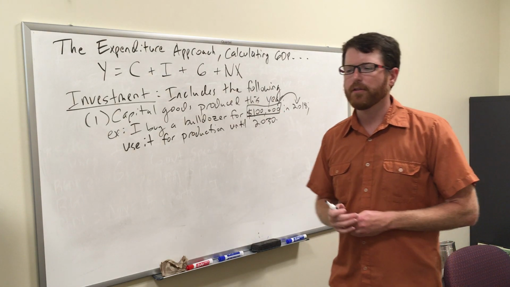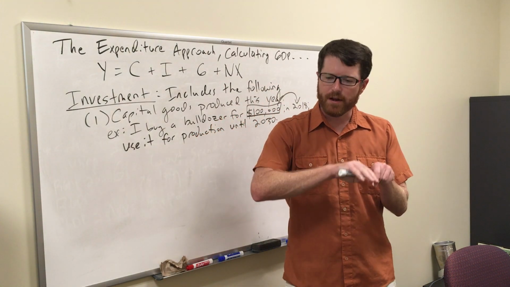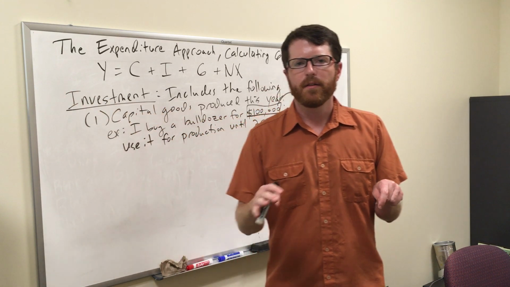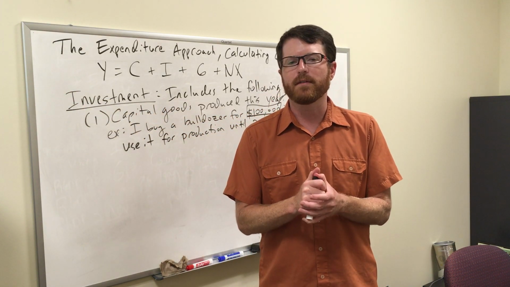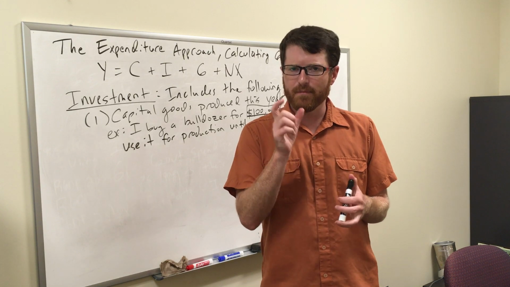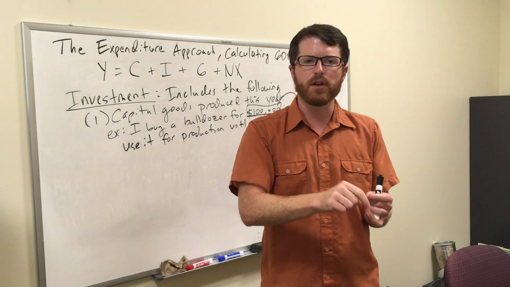To give you another example, let's say that I construct a building for $10 million this year, and then I use it for 50 years after that. Even though that building that I'm using for my business is capital, I need to count that $10 million today, in this year, because it was produced this year.